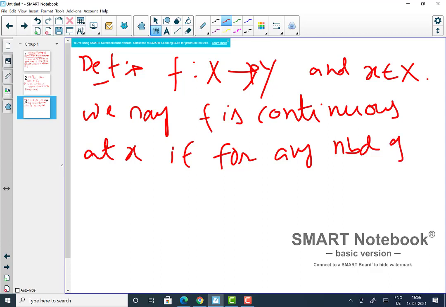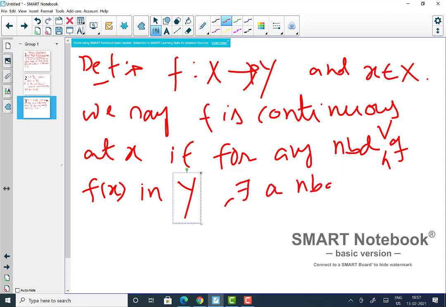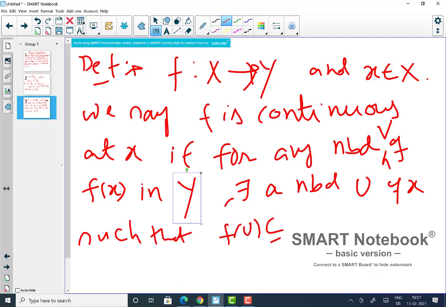So for any neighborhood, let me write down the name, say V, a neighborhood V of f(x) in Y, there exists a neighborhood, say U, of x such that f of U is a subset of V. Then we say that f is continuous at x.